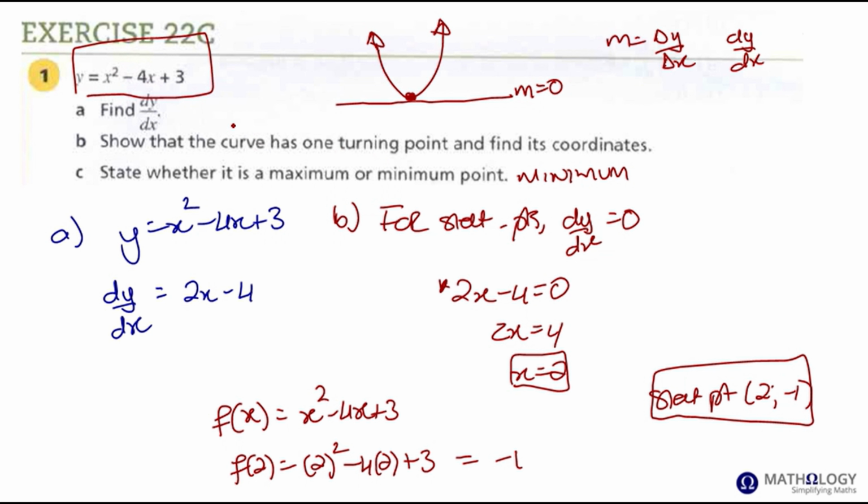Now, to find the nature of stationary points, turning points, we use the second derivative function. The second derivative is just the derivative of the first derivative.